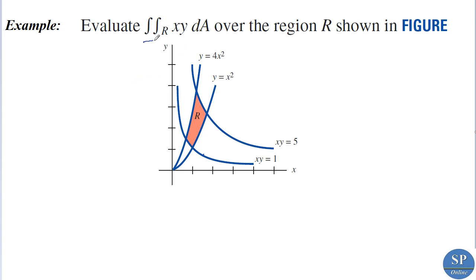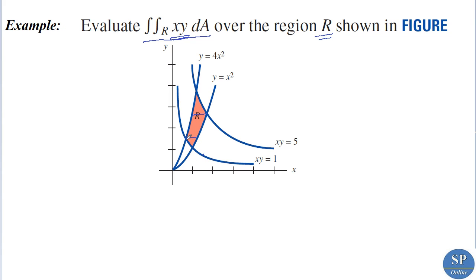Evaluate the double integral over R of xy dA over the region R shown in figure. So here this is the region R. Here the integrand is quite simple, but the region R is not at all simple. To integrate the integrand over this region R, we need to perform three integrals, that is by splitting this region R into three regions like this.